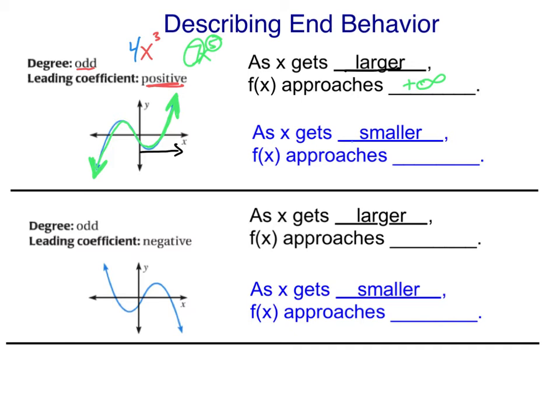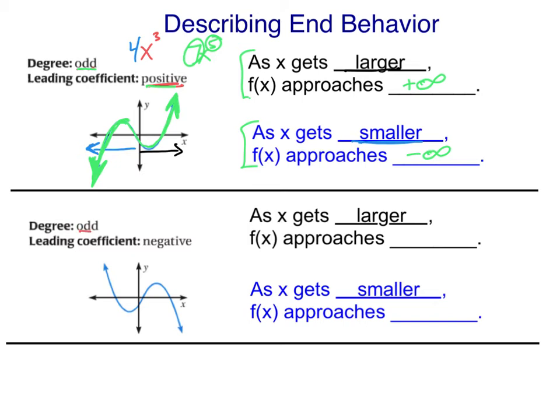Then we're going to take a look at as x gets smaller. Well, as x goes this way, as it goes smaller, notice in this case the cubic function is pointing down. So then I'll write negative infinity. So you need these 2 sentences to describe an odd positive function.